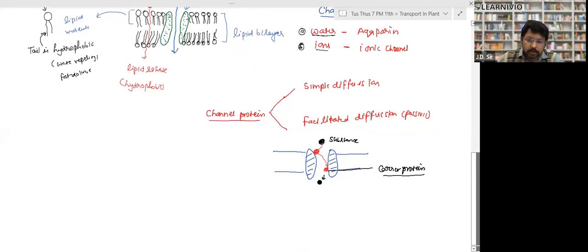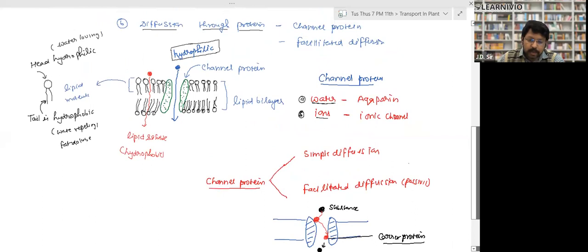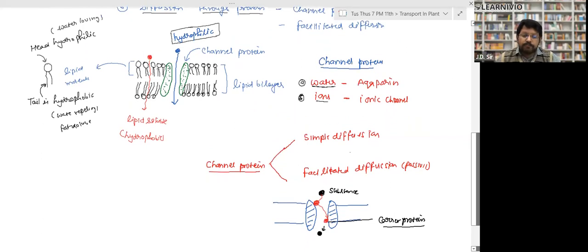Now, when we talk about the channel protein, with the help of channel protein, simple diffusion takes place and facilitated diffusion takes place. Both are passive processes. In simple diffusion, a substance is just crossing from here to here.